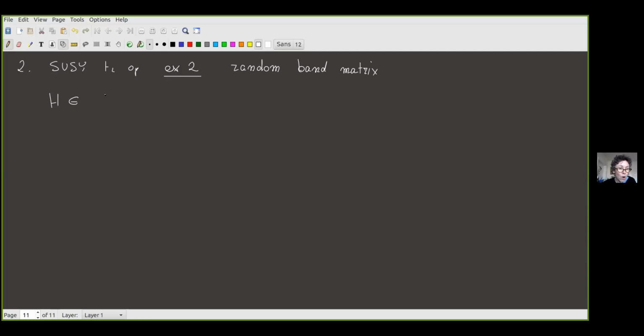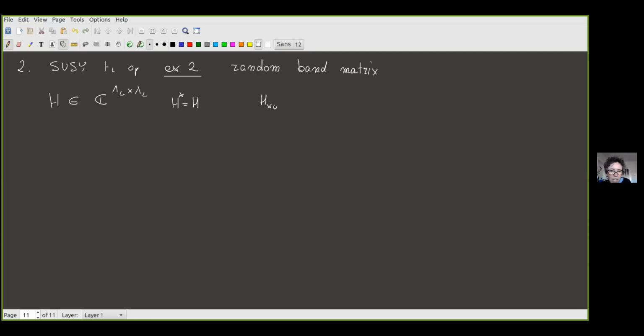This is a complex valued matrix in this one-dimensional interval. It's self-adjoint. And the matrix elements, apart from the self-adjointness, are independent random variables, normally distributed.